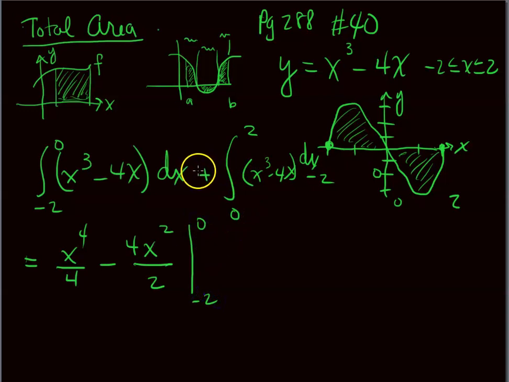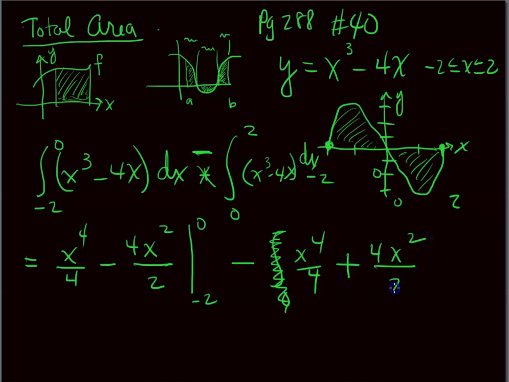And then what we should do here is not say plus, we should say minus, because this will be a negative area, minus the integral from 0 to 2. Oops, sorry. It should be the antiderivative, which is x to the 4th over 4, minus, but since we're subtracting, it'll be plus 4x squared over 2, and this will evaluate from 0 to 2.